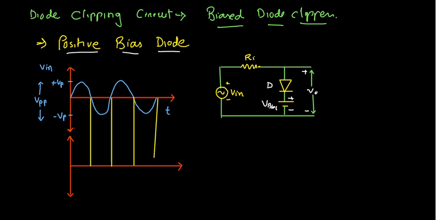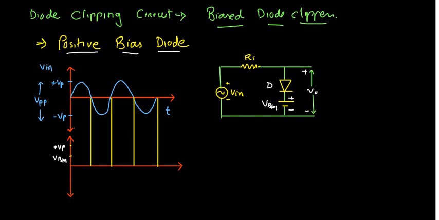And whenever it is considered a positive bias, you can take over here somewhere, like if I take this one is a V and this is a V positive peak. Let us draw that this is a positive V peak and this is V bias. I am just considering this V bias is less than positive peak.